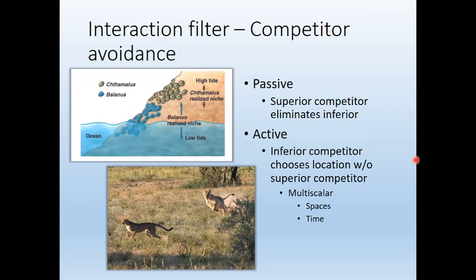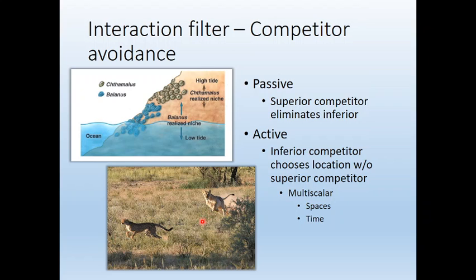So that's a passive interaction filter here, but there's also active, right, where organisms themselves, when they see their competitors, will choose a different location. Now this can be at different scales, right? It can be at very small spaces like we're talking about here, where it's just a couple feet difference. But it could also be whole habitats, where an example is cheetahs don't go where lions are. Lions are much better competitors.